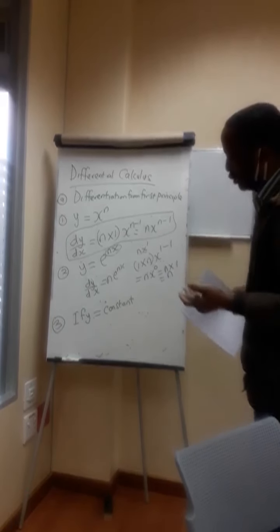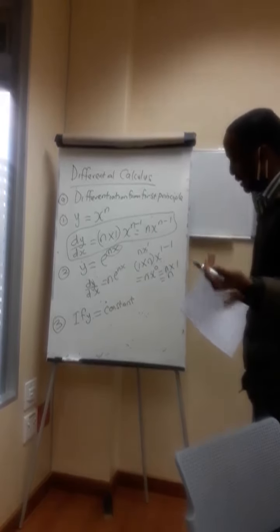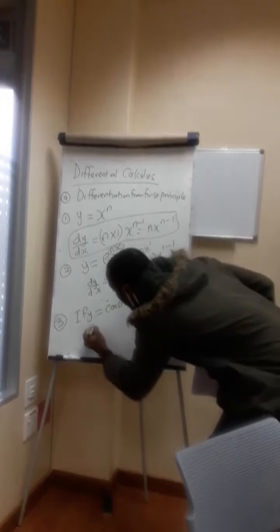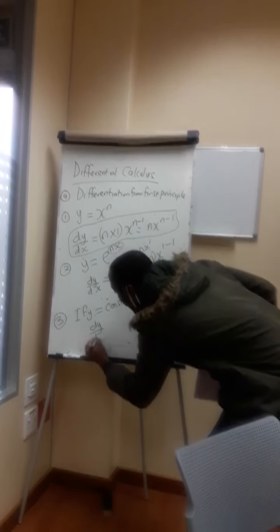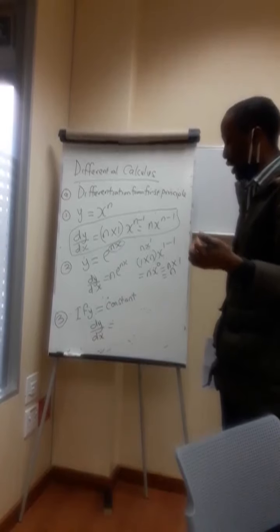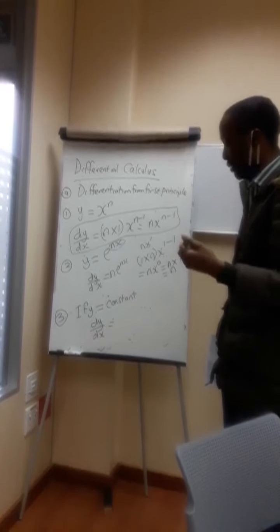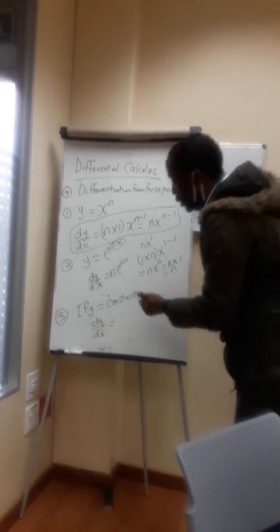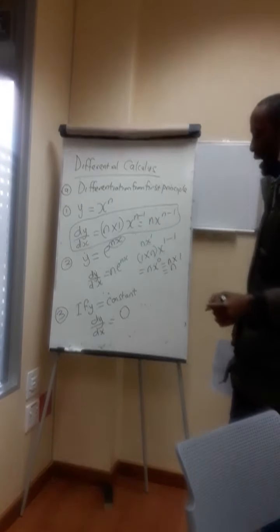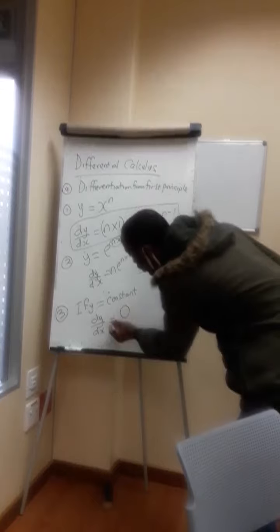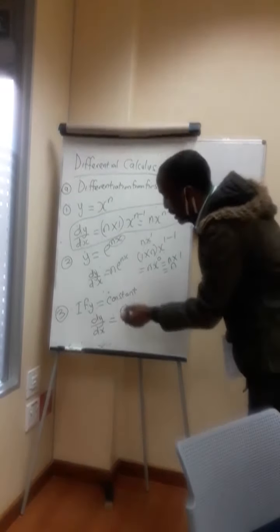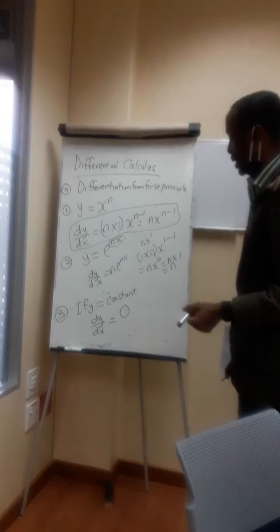So if you have y to be a number, which is a constant, how do you differentiate that? You want to get your dy/dx. When you have y to be a constant, a real number, or a number with a fraction, when you differentiate it, please note the differentiation of a constant always gives you 0. So your dy/dx equals what? 0. When you differentiate a constant, note that dy with respect to dx will give you 0.